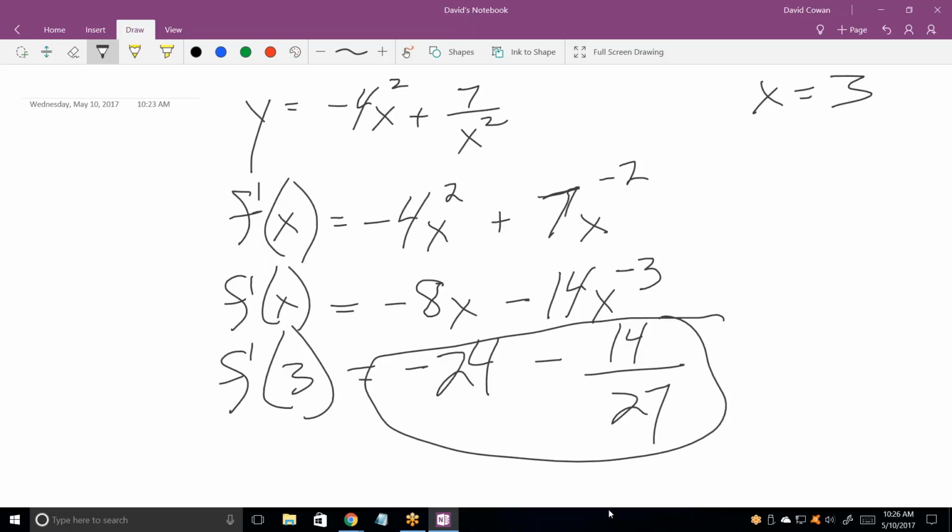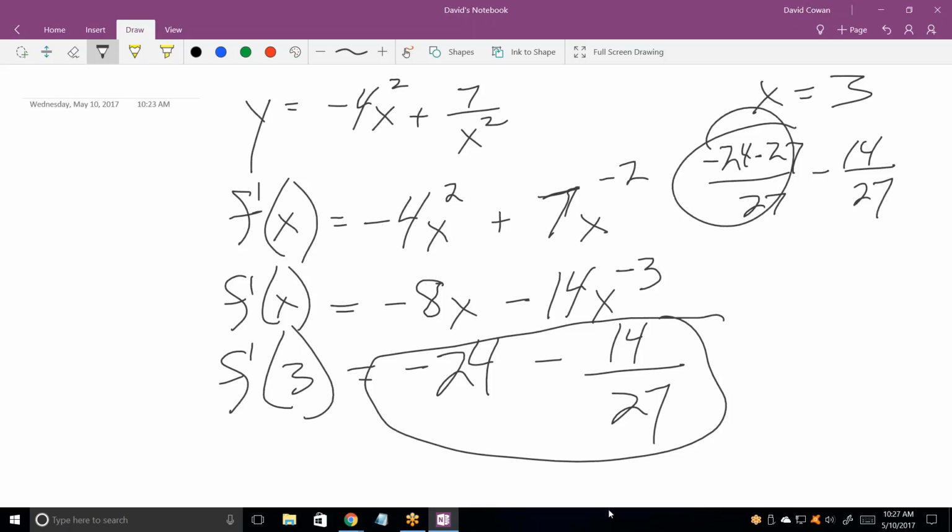I can simplify that on my own. I have to find a common denominator here, so it becomes minus 24 times 27 over 27 minus 14 over 27. That's a negative number, since I'm subtracting a positive. Whatever 24 times 27 minus 14 is my numerator. That makes sense. Awesome. Thank you so much.